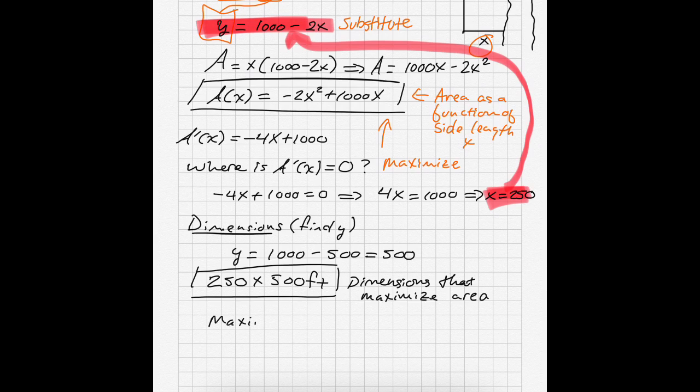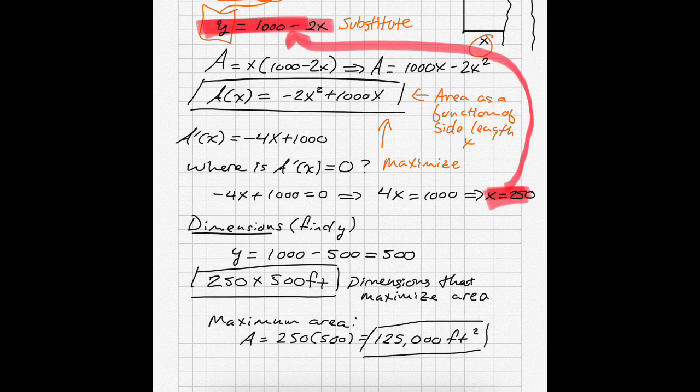If I actually wanted to find the maximum area, I would just multiply, right? I'd say the area is 250 times 500. So what is that? 125,000. That would be square feet. I don't think this question asked for that, but I could be asked.